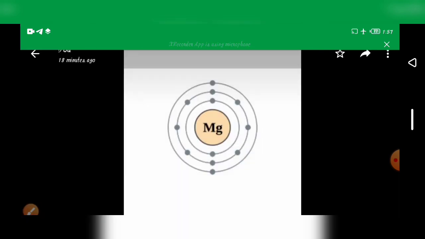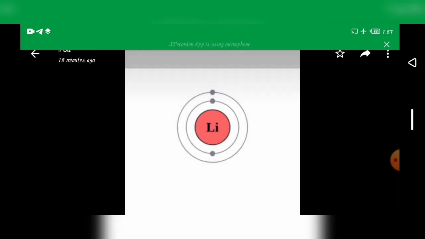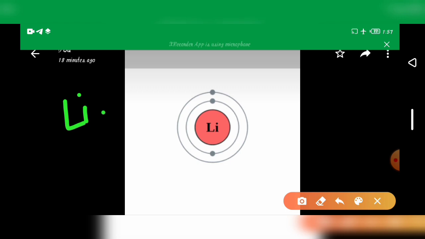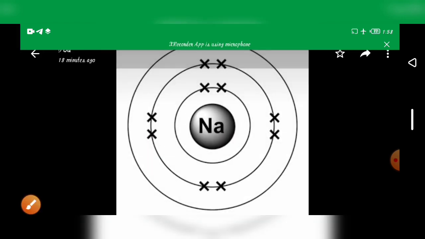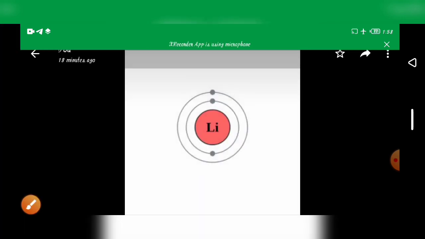The configuration is 1s2, 2s1. How many electrons are in the first cell? 2 electrons. The second cell contains 1 electron. So the outermost cell contains only 1 electron. From this we have to calculate the valency. So I am saying to check how many electrons the outermost cell contains. Next, you see sodium also, magnesium, lithium.